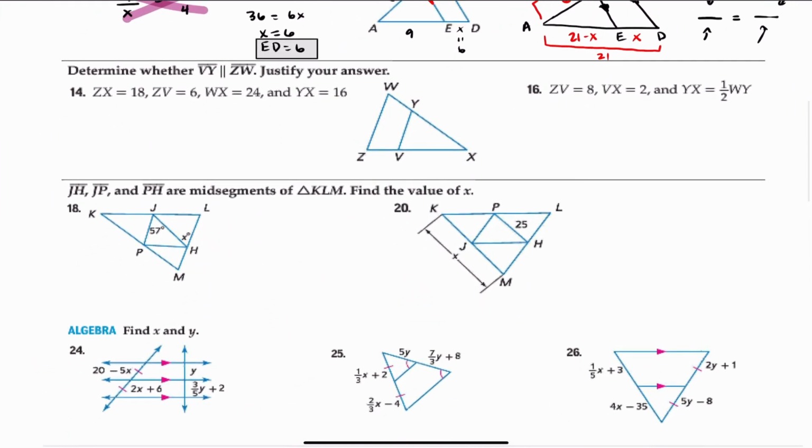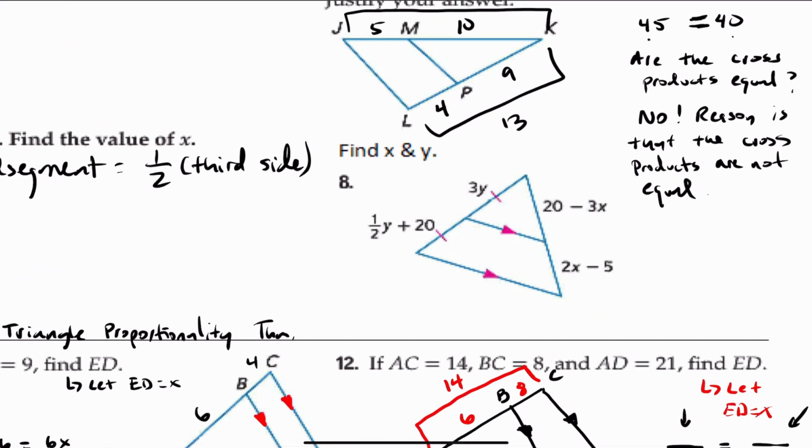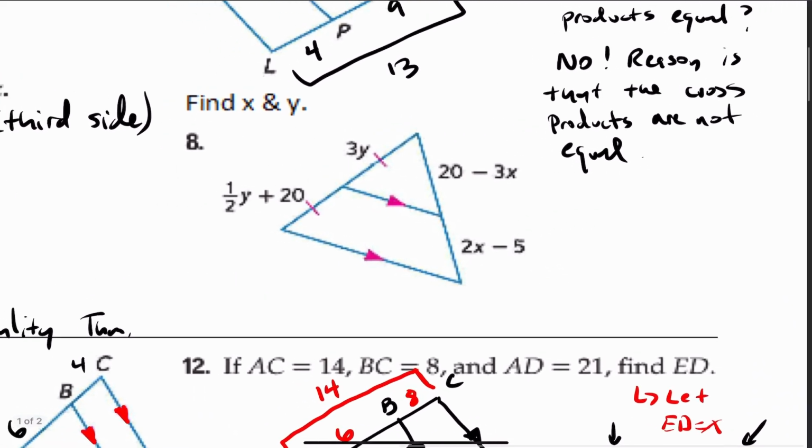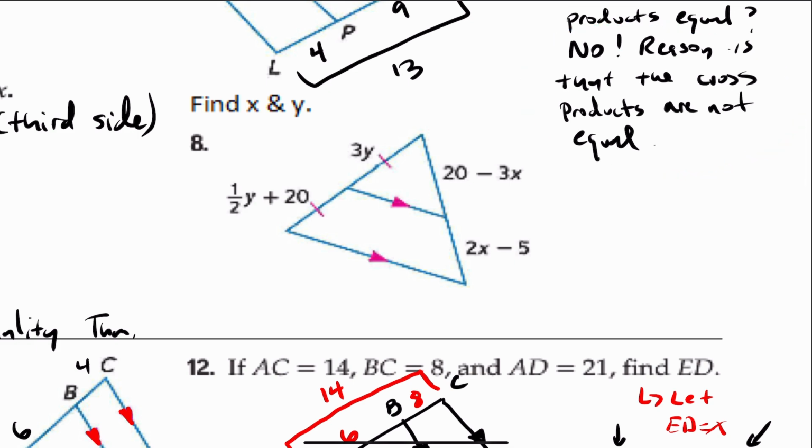And then let me go ahead and scroll down and see what else we can do. Actually, hold up. Do I need to go over this one here? Oh yeah, we have to go over number 8. Okay. So I have a triangle where I have one segment parallel to this segment, and you can see that these segments here are congruent.